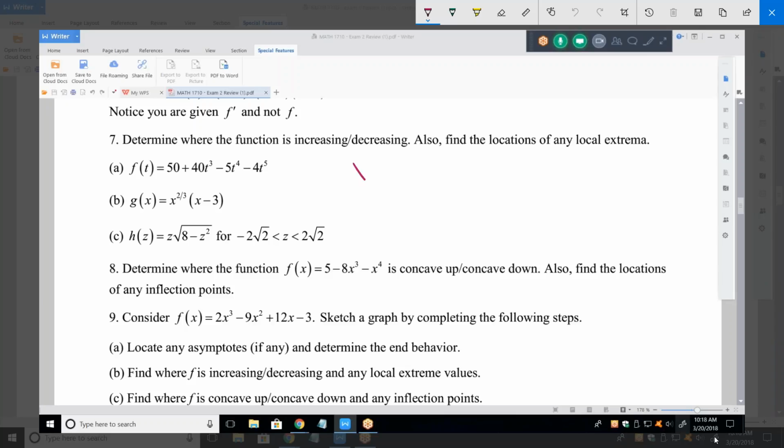What do we end up with? X to the minus 1/3 times, and I think it was x minus 2. Yeah. That's what it was. And we had to figure out where that was greater than 0 and where it was less than 0. It's 5/3 x minus 2.